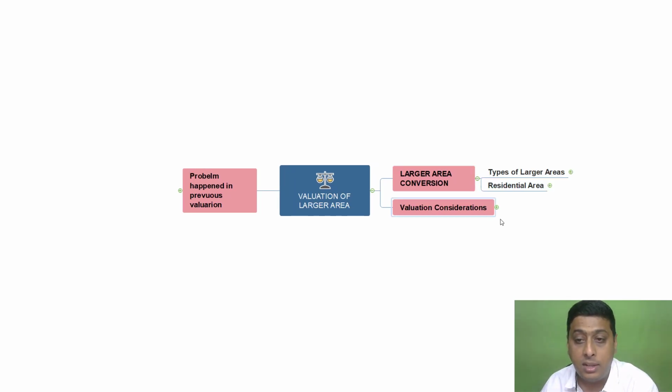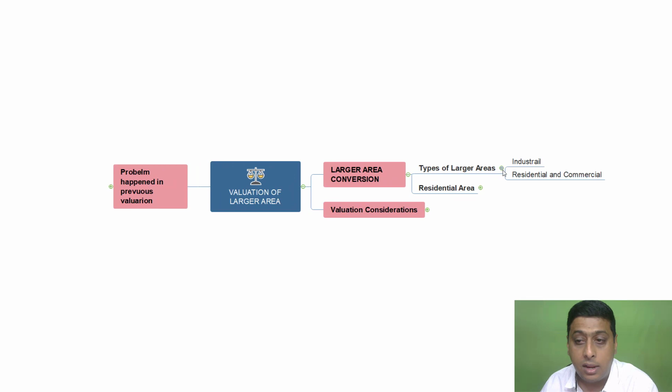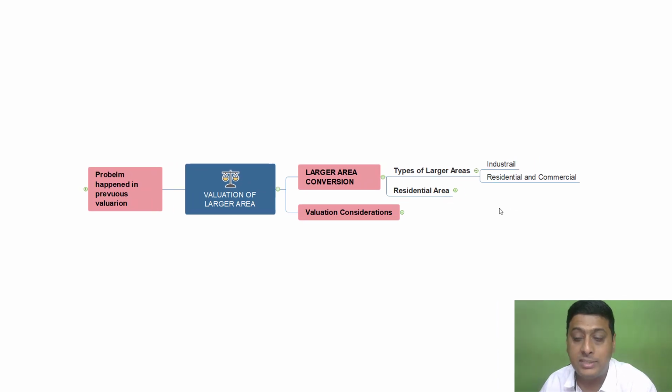Okay, so generally the larger area plots are converted for two purposes. One is industrial purposes, another is residential or commercial purposes. For industrial purposes, we all know these are called industrial layouts, wherein different industries are going to set up, maybe plywood industry, tile manufacturing or paint manufacturing, a lot of things, maybe including cement also.